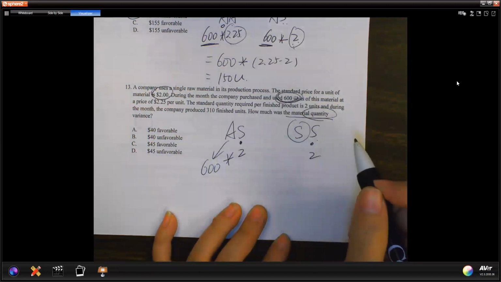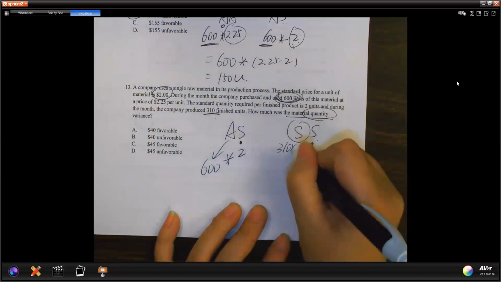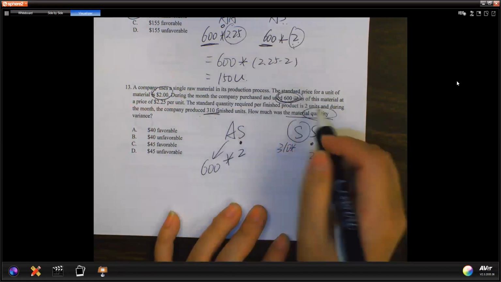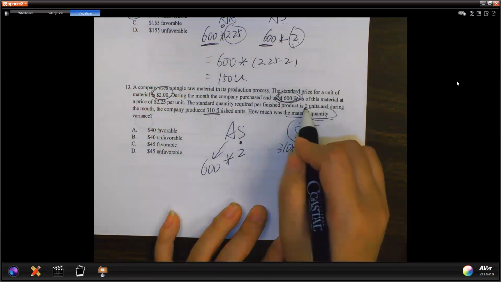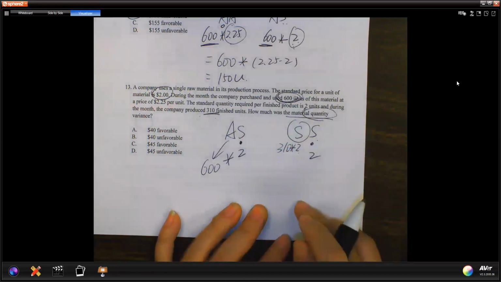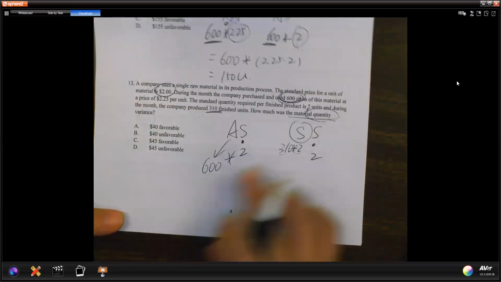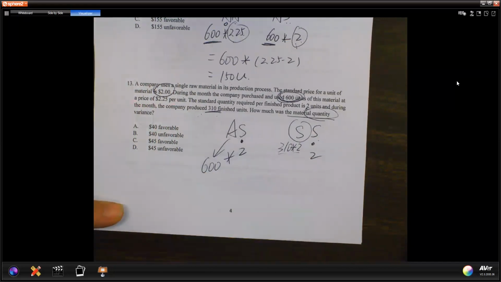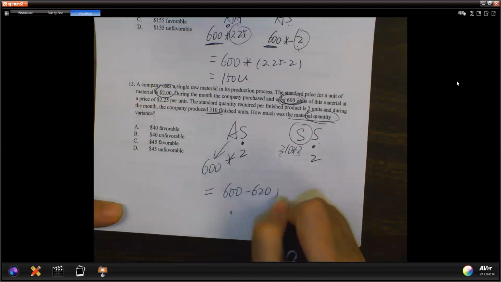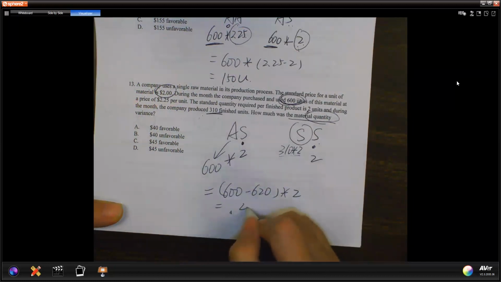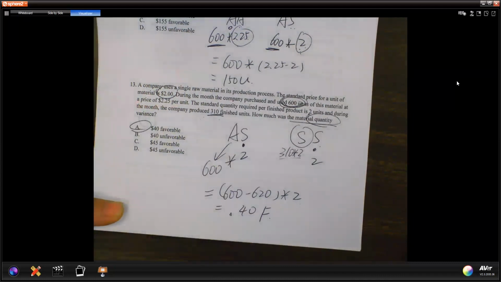Standard is you produce the 310 finished products, and each one you need 2 units of the material, right? So you thought you should use material 620, but you just use 600. So you will have a favorable. It will be 600 minus 620 times 2, which gives me 40 favorable. I got 40 favorable. I don't know what you got.